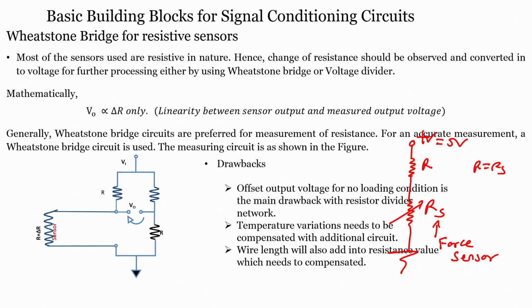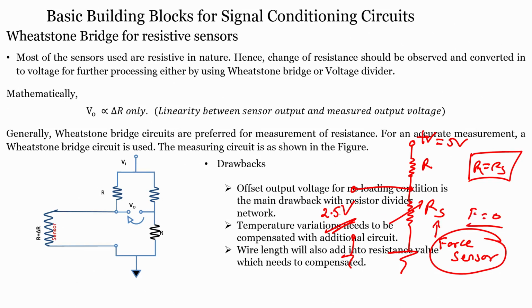So, initially I will have R equals to RS, R equals to RS. So, here I will have a voltage of 2.5 volts, because it is a potential divider, a resistor divider network. When there is no force, so force equals 0, I will have 2.5 volts.